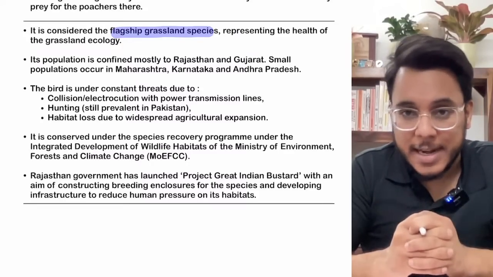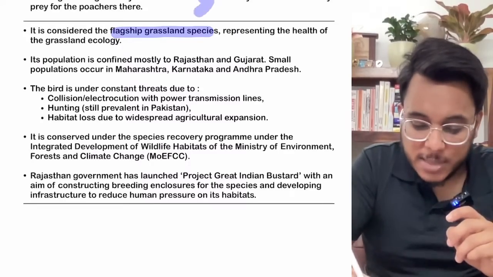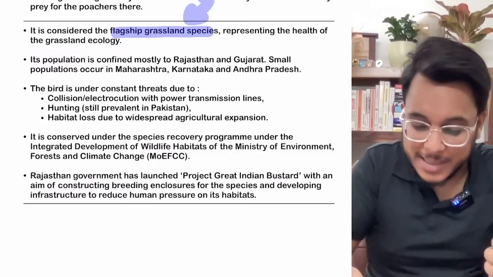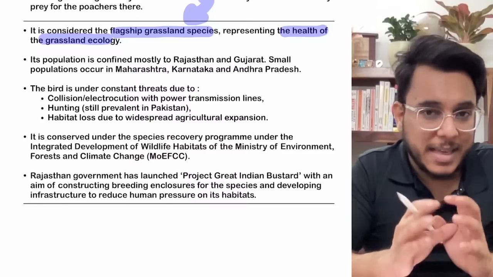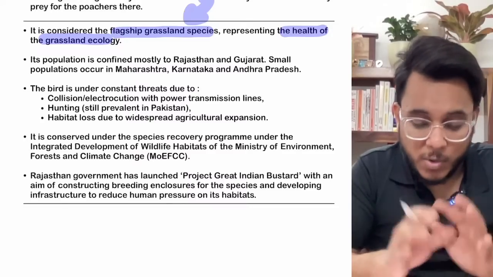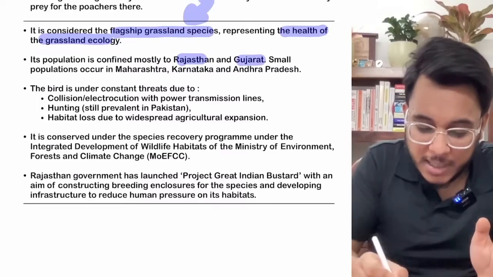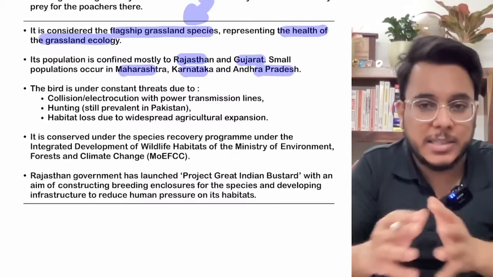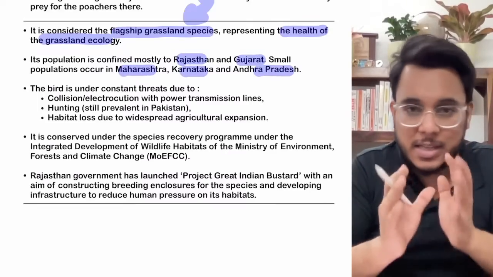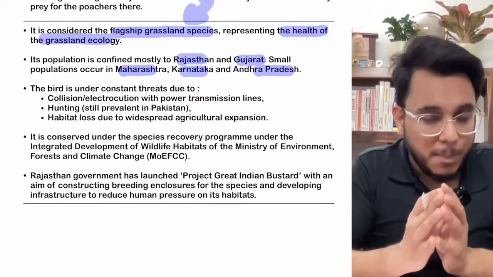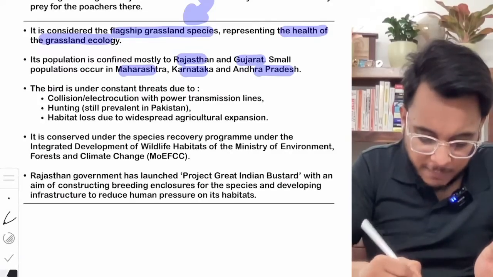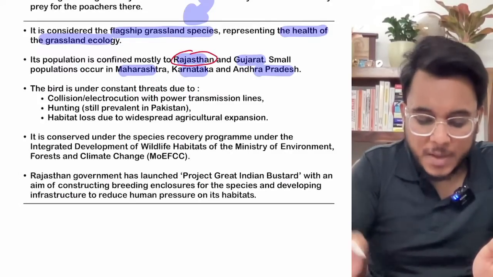Now, the great Indian bustard is a flagship grassland species, and it represents the health of the grassland ecology. Okay, and there are certain scarce grasslands that are found in Rajasthan, Gujarat, Maharashtra, Karnataka and Andhra Pradesh. In all these states, the population of the great Indian bustard is found, but the majority of the population is found in one state, that is Rajasthan.